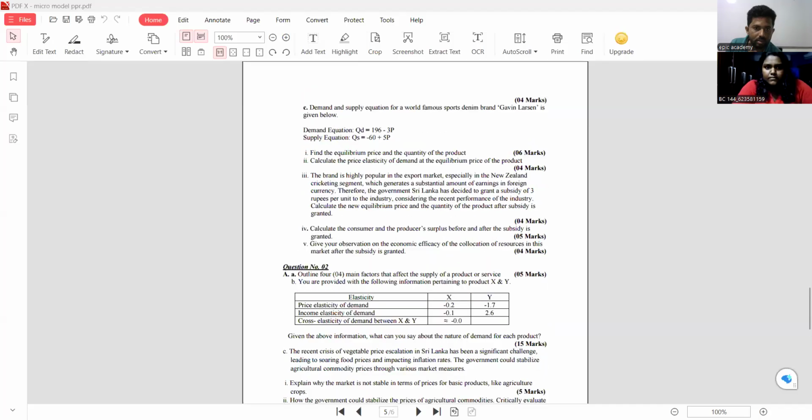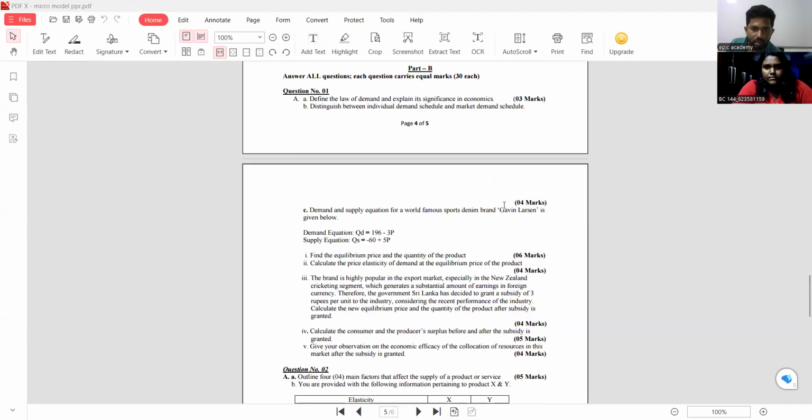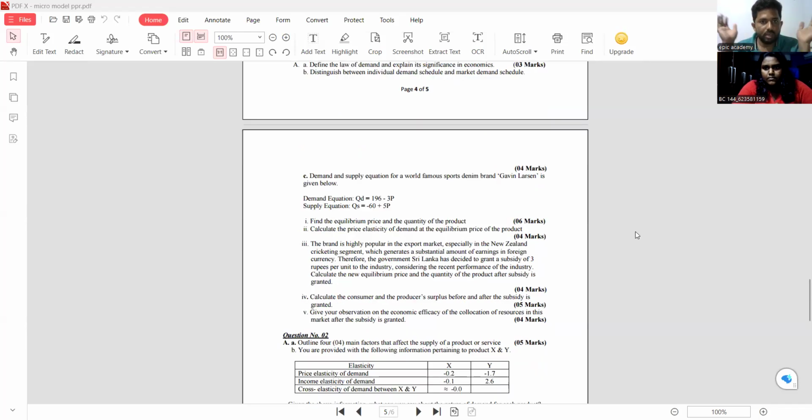In case sharing is not turned on, turn it on. Okay, wait one minute. Now it must be working. Can you zoom in?